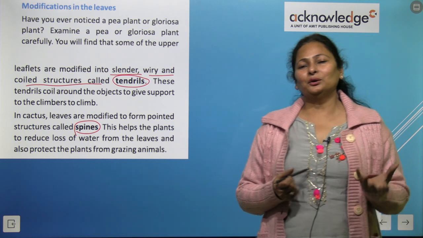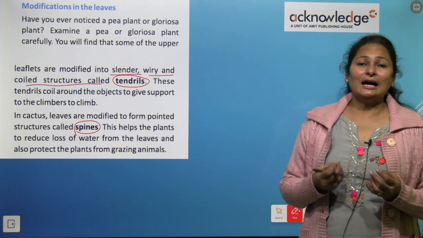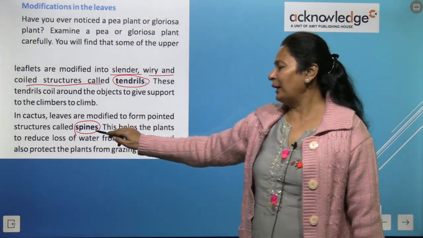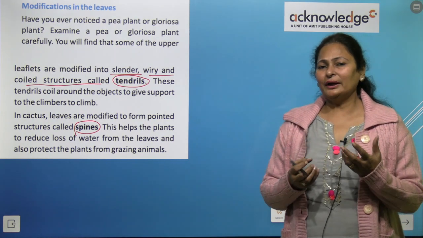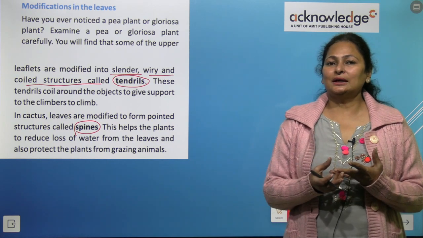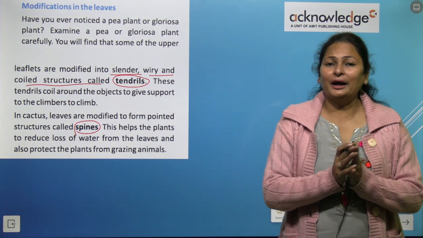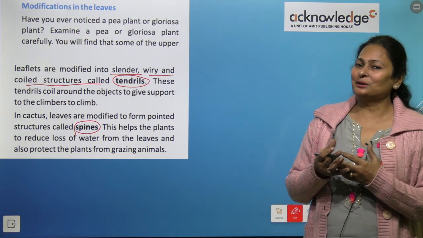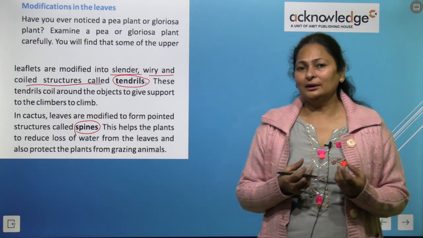We all know about the cactus. Cactus plant doesn't have leaves. It has what you call spines. It is a needle-like structure, right? Transpiration is continuously being done by the leaves. So the leaves have reduced to spines to reduce the loss of water, because cactus grows in the desert region, so there is a scarcity of water, right?